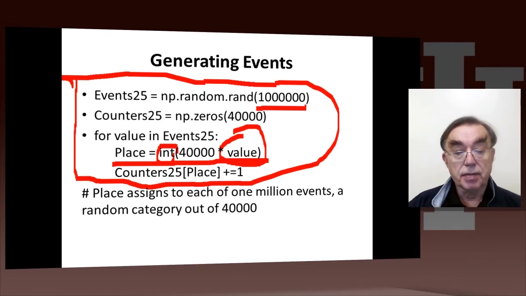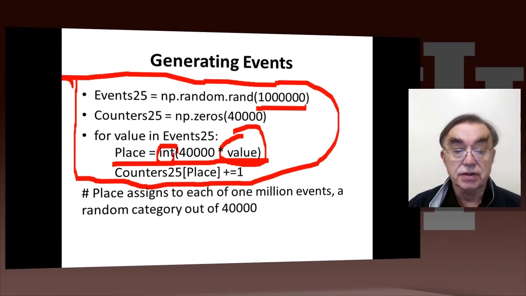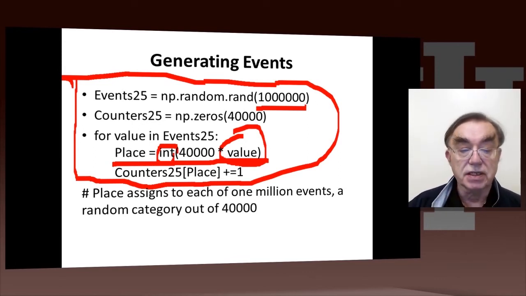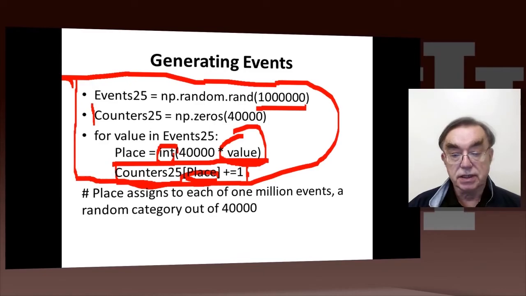And then we increment that place, or the result, or the answer, or the physics final state, over the 40,000 possible final states. We increment the counter corresponding to this place. And so this counter here is the thing that gets histogrammed. And we initialize here in Python, we define an array of length 40,000 and initialize it to 0.